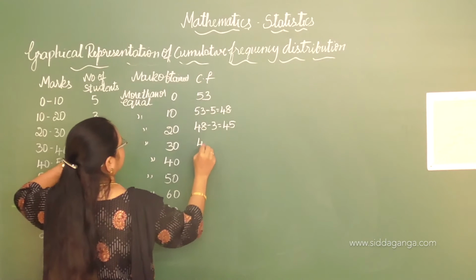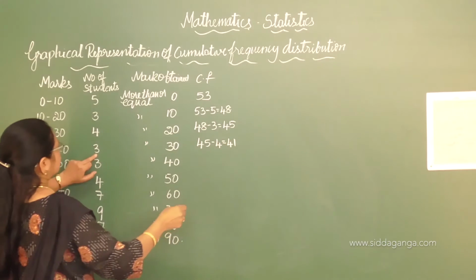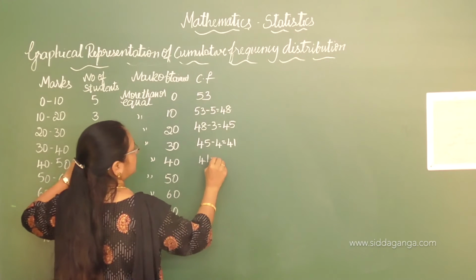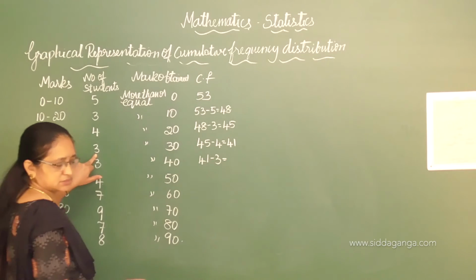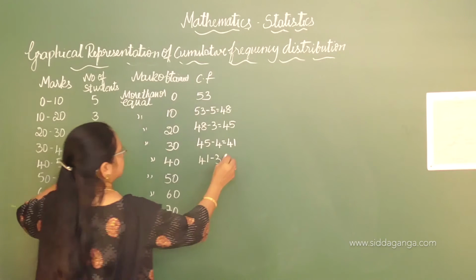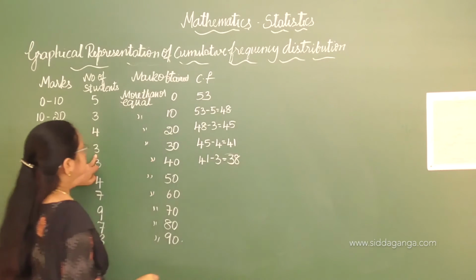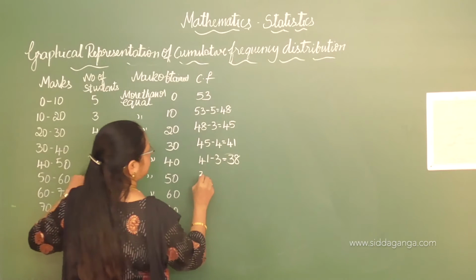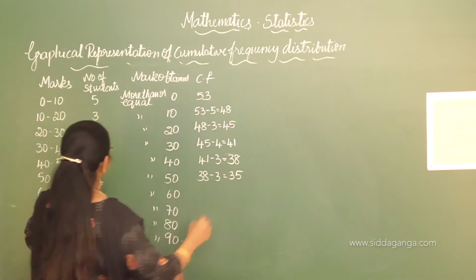Next, 45 minus 4, 41. Next, 41 minus 3, that is 38. Next, 38 minus 3, 35.